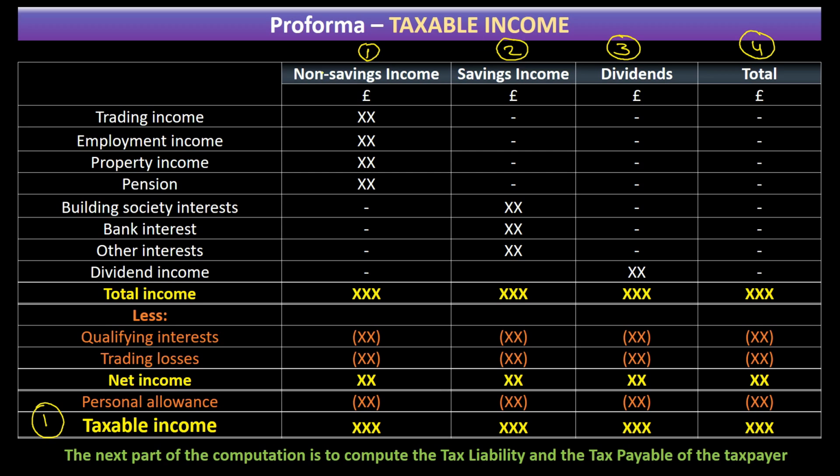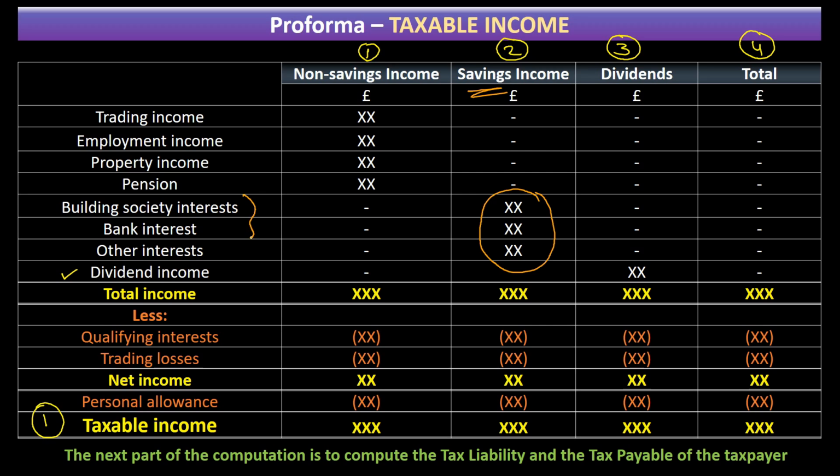In column 1, we will have non-saving incomes, then we will have saving incomes, and finally we will have dividend income. In the dividend income, we will have income related to the dividend. In the saving incomes, we will have all the incomes that are coming from different types of interest. For example, building society interest, bank interest, or any other interest.